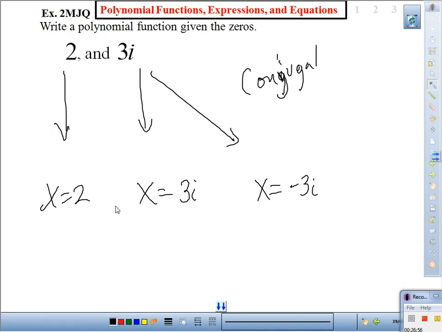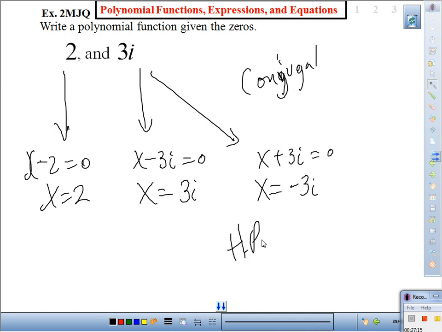All right, and do we know what to do from here? Yes. x minus 2 equal to 0. x minus 3i equal to 0. x plus 3i equal to 0. And then your parentheses and so on and so forth. Okay? Yes, this is going to give us a cubic function. Is that correct? 1, 2, 3.